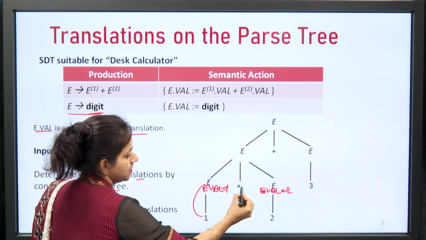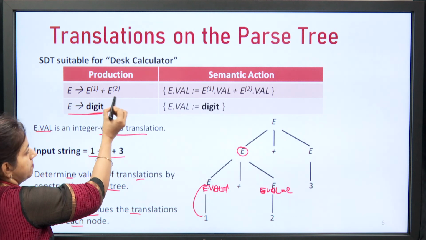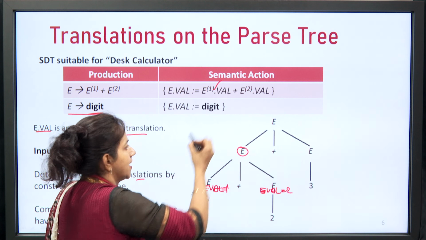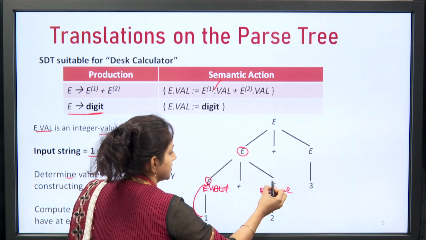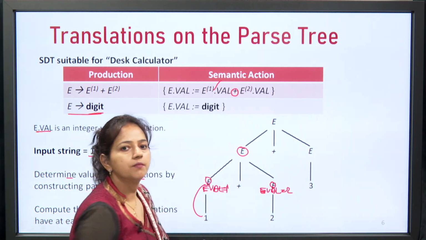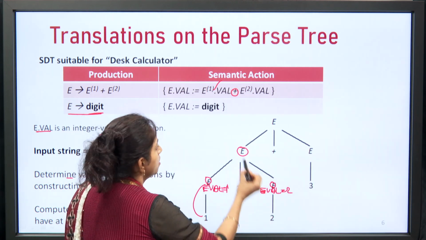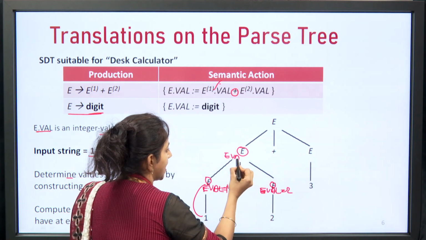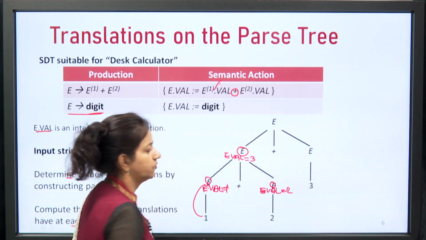Now, this is reduced to capital E using the production E to E plus E. Its semantic action is to obtain the value of translation of this non-terminal, then obtain the value of translation of this non-terminal, and then do the computation using the plus operator. Here this is 1 and this is 2, so 1 plus 2, and we obtain the value of translation at this non-terminal, E dot val is equal to 3.